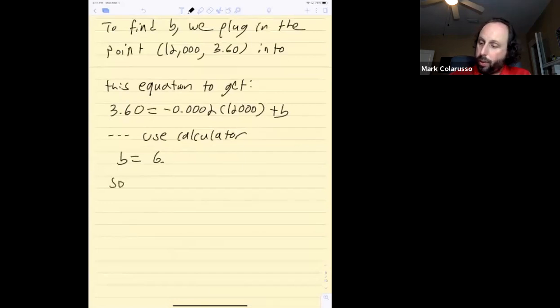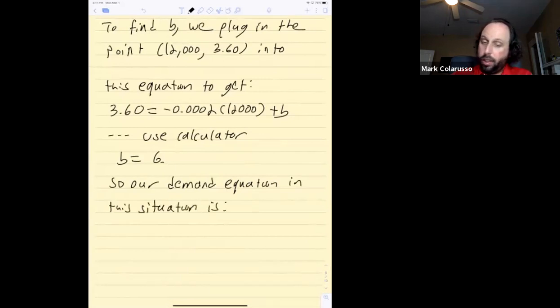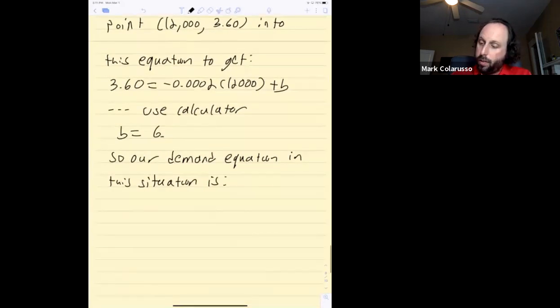So our demand equation in this situation is price is minus 0.0002x plus 6.